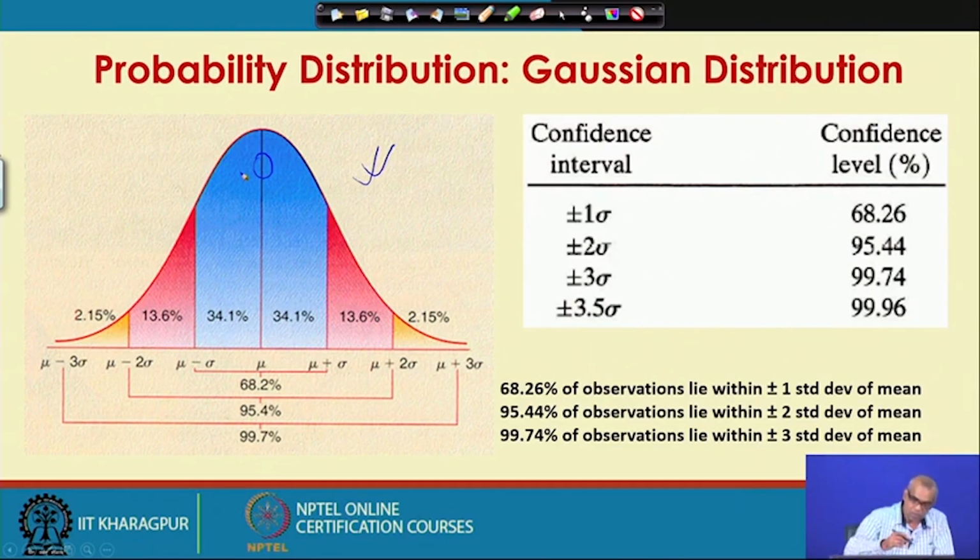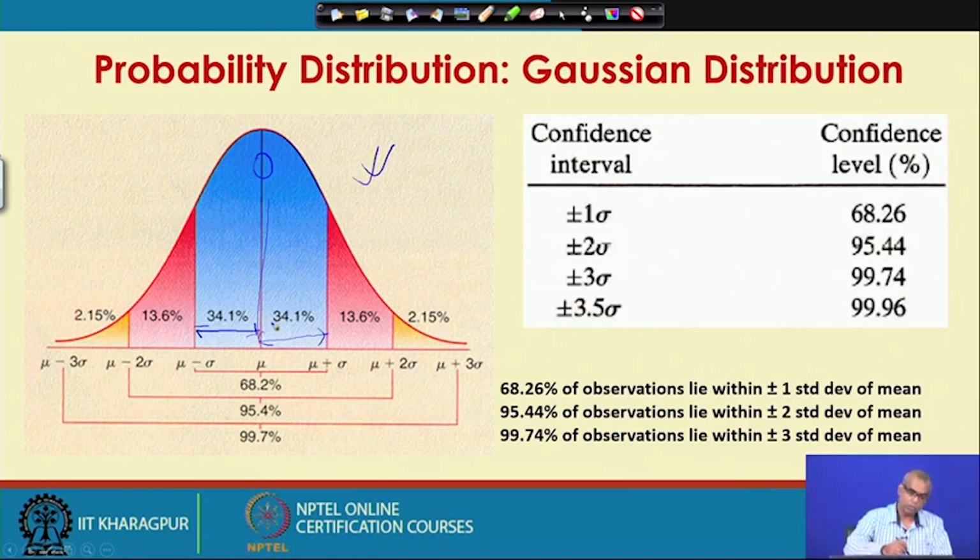So, what I mean is you have this mean of the distribution, you consider mu plus sigma and mu minus sigma. The Gaussian distribution is symmetric around the mean.